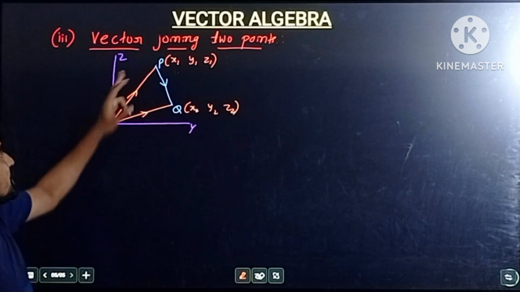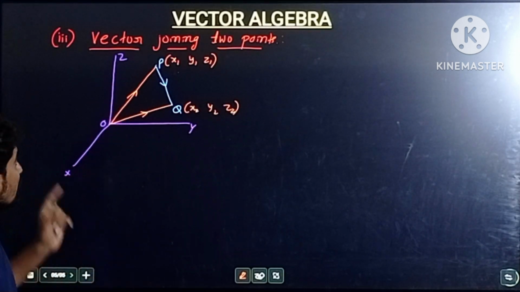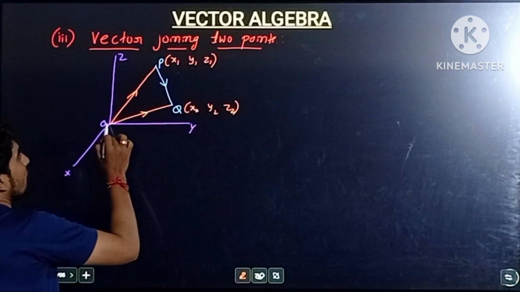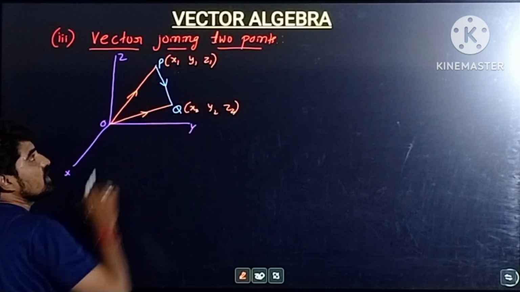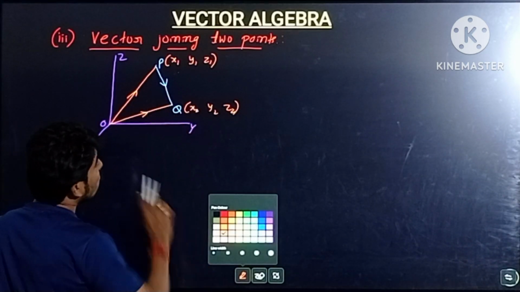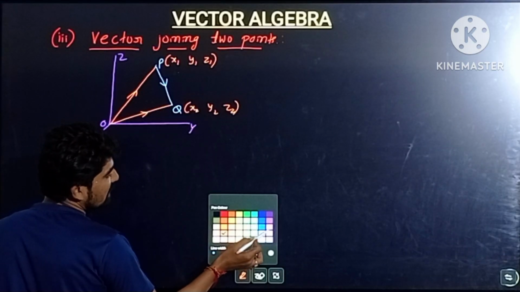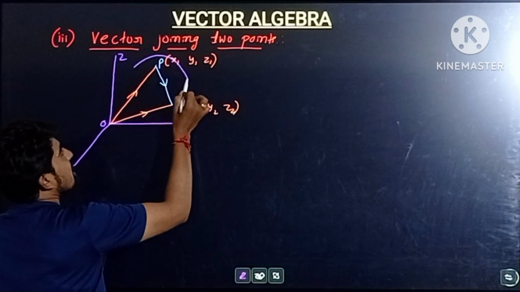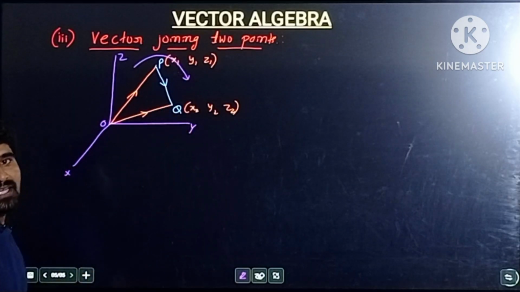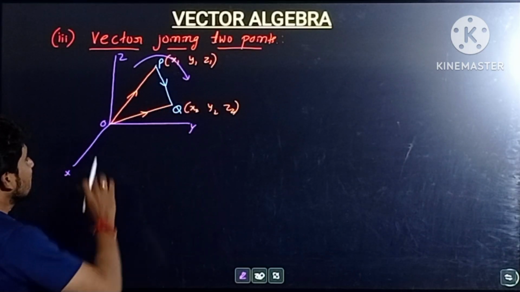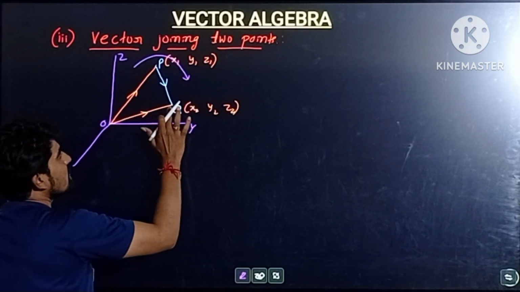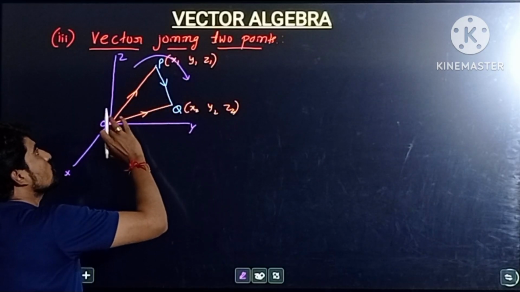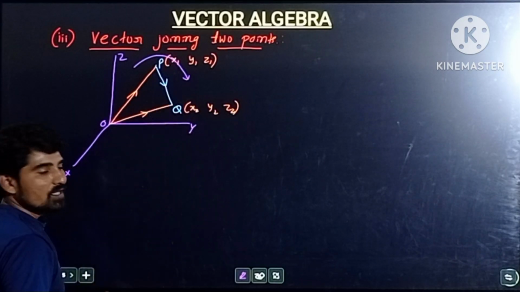Now observe here OPQ is a triangle, and in this triangle vector OP and PQ vector are the two adjacent sides of the triangle OPQ taken in a cyclic order. It means this third side OQ vector is the resultant of these two vectors OP and PQ.